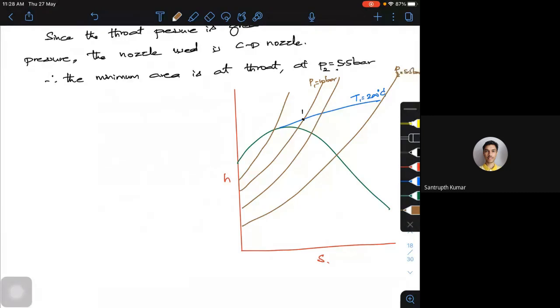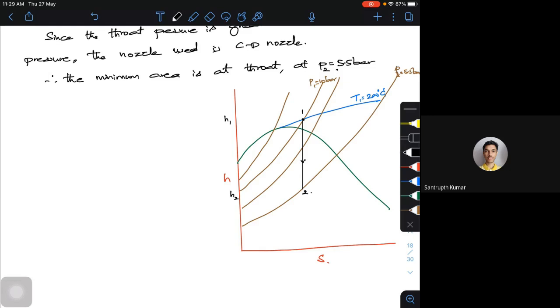Now go between them. Draw a vertical line from point 1 to your 5.5 bar line. This is your expansion, and this is the point 2. Now try to get the values. At point 1 you get H1, and if you draw a horizontal line from point 2, you will get H2.